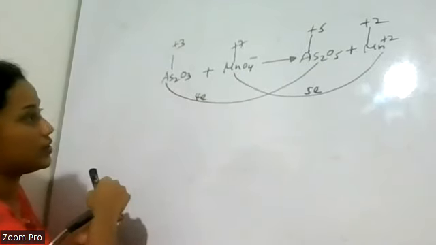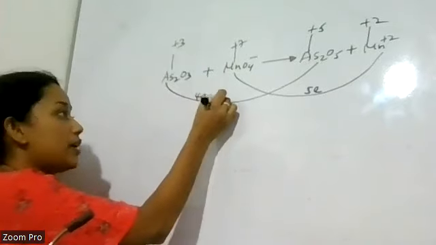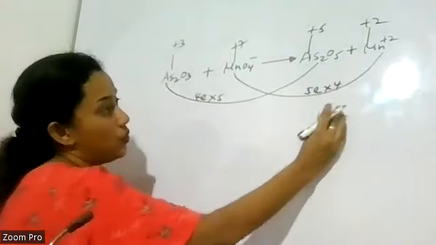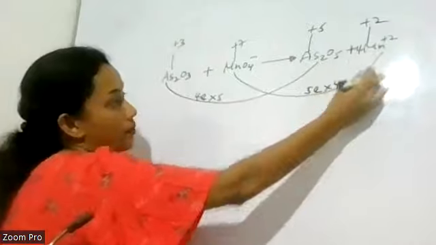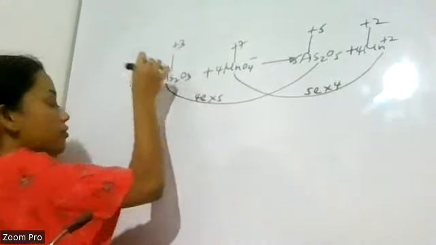Here 5 electrons. We have to balance 4 and 5, therefore 4 into 5 and 5 into 4. Therefore 4 and 4, here 5 and 5.